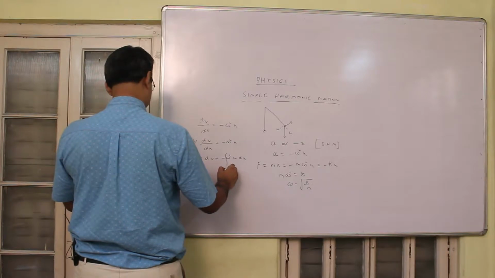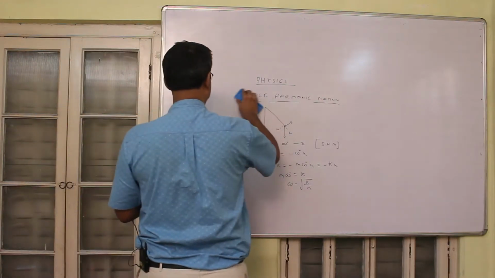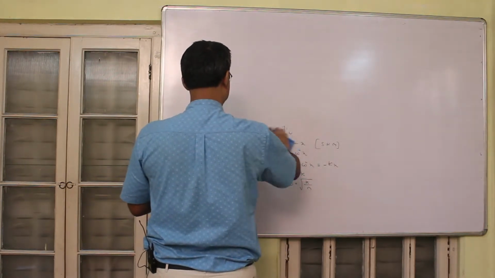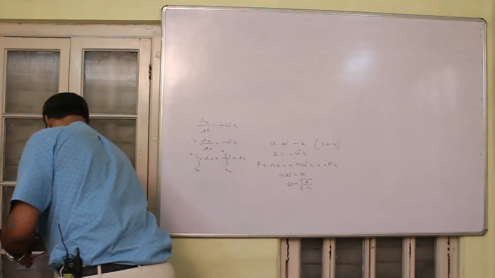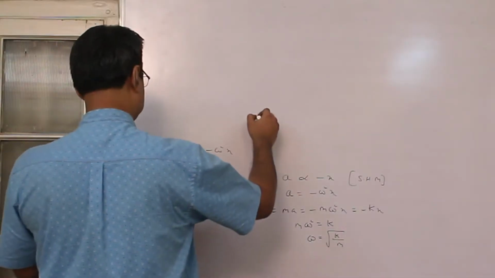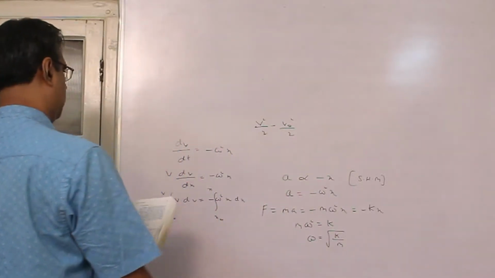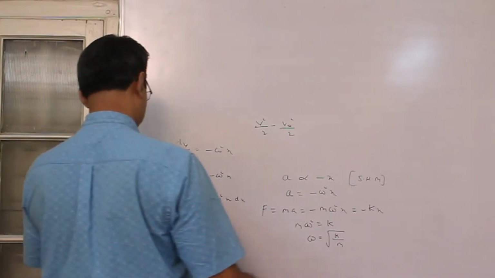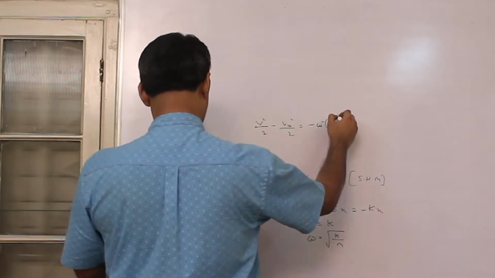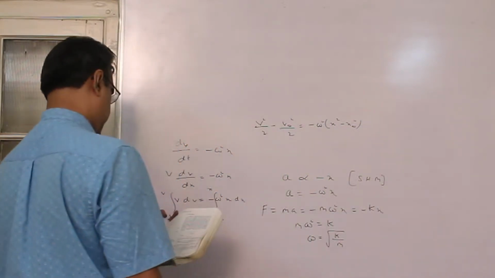Now you integrate both sides. So this will become v square by 2 minus v0 square by 2. So this is what we get.